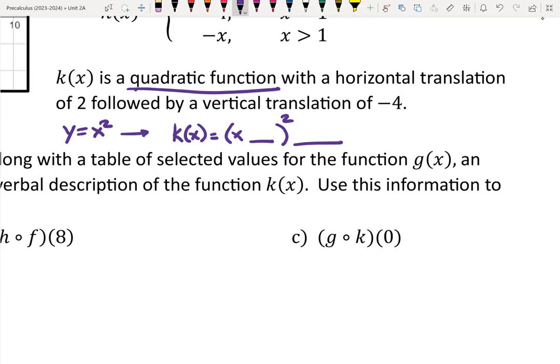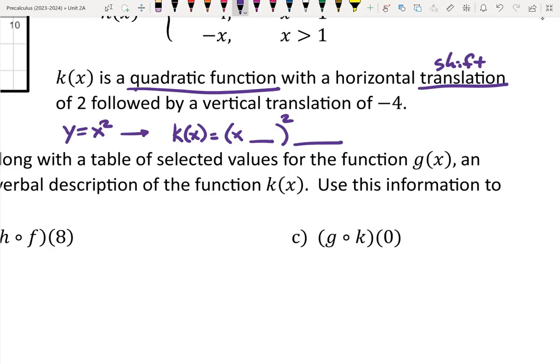So, what horizontal translation did they tell us? Also, translation, if they ever say that, just means shift. We've used the word shift a lot more in this class than translation, but it's the same thing. What is the horizontal translation? 2.